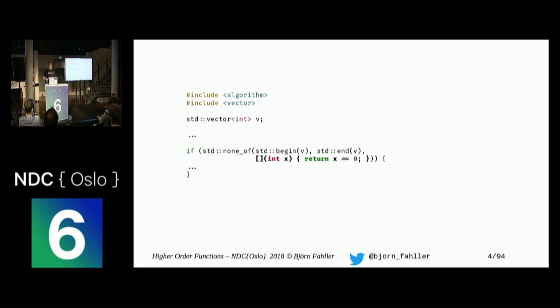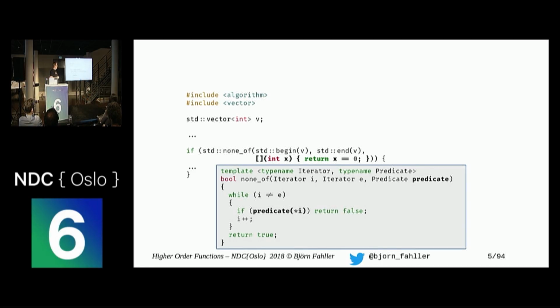Those of you who haven't written any higher order functions before, ever, here's a typical implementation. Normally it makes very little sense to implement none_of because the standard library does it. But if you were to implement it, this is how you do it. They're often, very often, templates. So this one is a template that takes iterator types and a predicate. And you have the classic loop over the range.